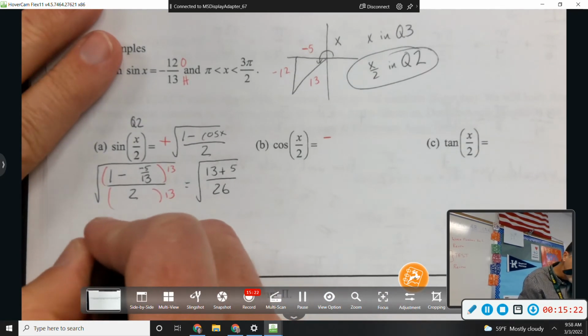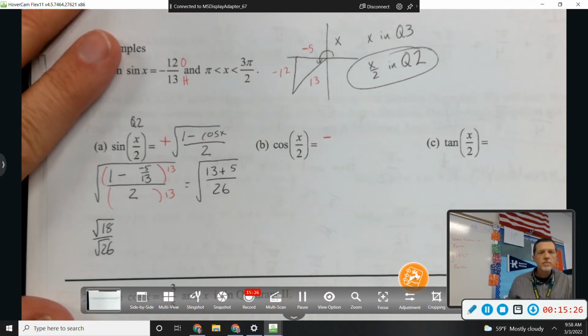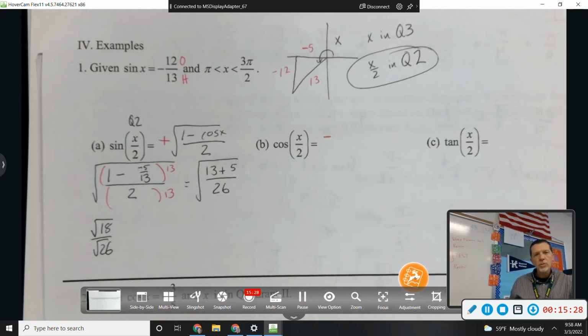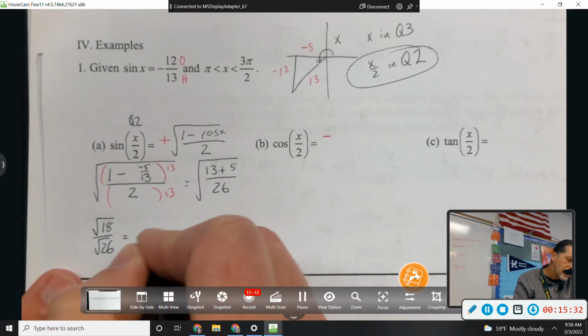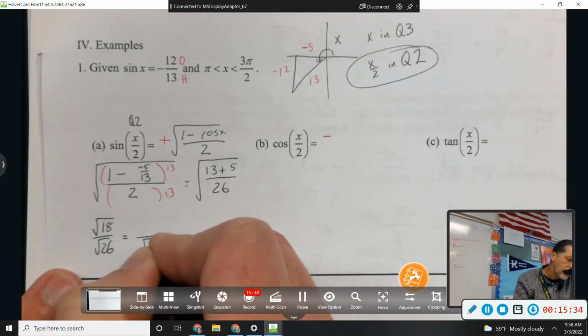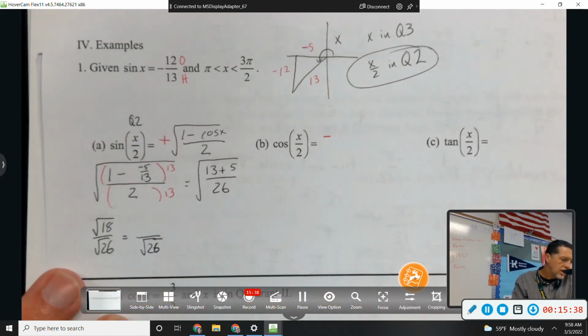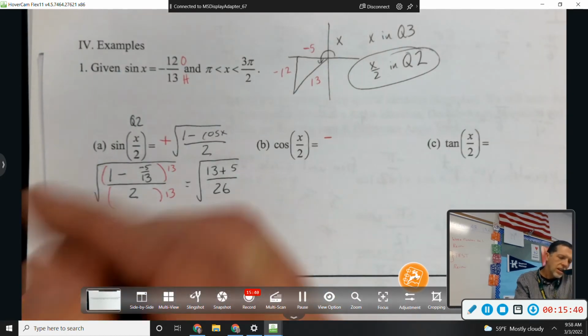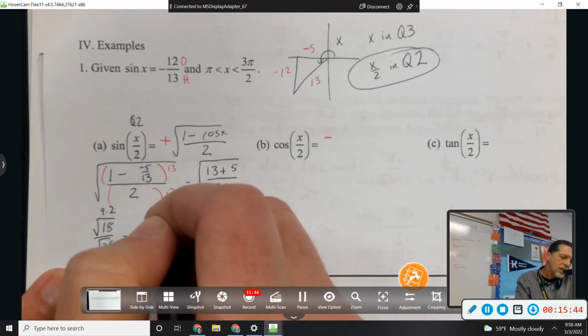So that's square root of 18 over square root of 26. I split it up because I can simplify one of those. Can't do anything with the square root of 26. But the square root of 18, let's see, that's 9 times 2, so that's 3 root 2.